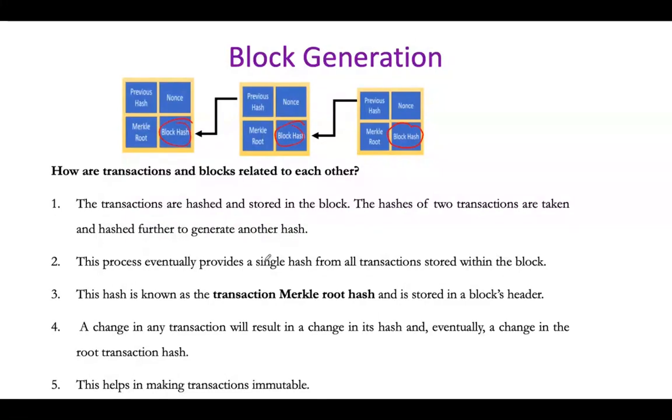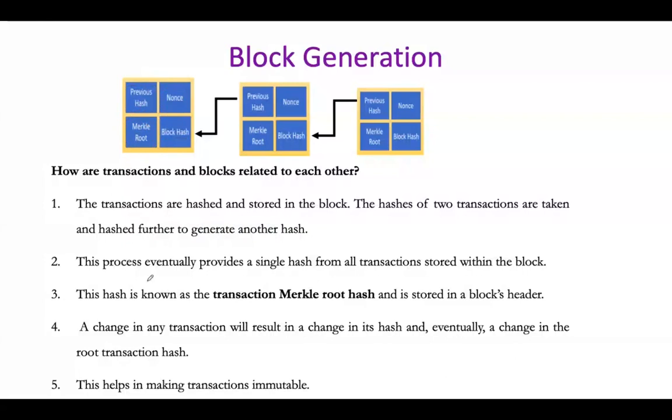The hashes of two transactions are taken and hashed further to generate another hash. As new transactions are added, a new block will be generated, and the block header will contain the previous hash, nonce, and the Merkle root.